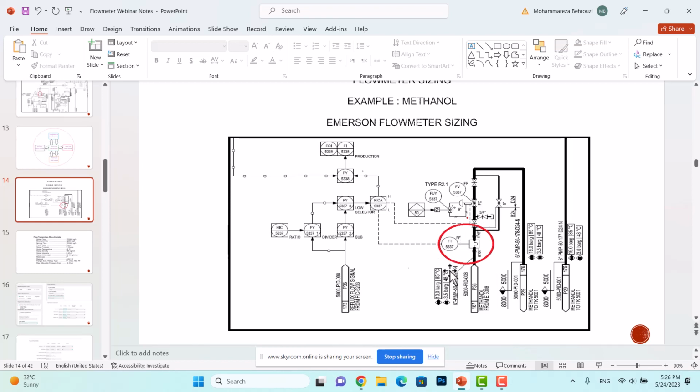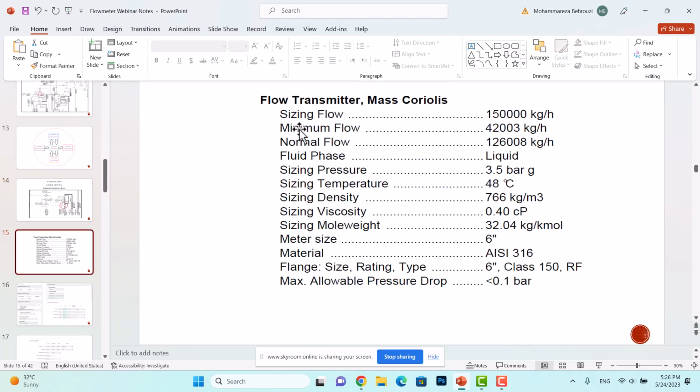Let's look at the flow rate here. The normal flow rate is about 126 ton per hour. The minimum flow rate is about 42 ton per hour, and the maximum flow rate is 150 ton per hour.